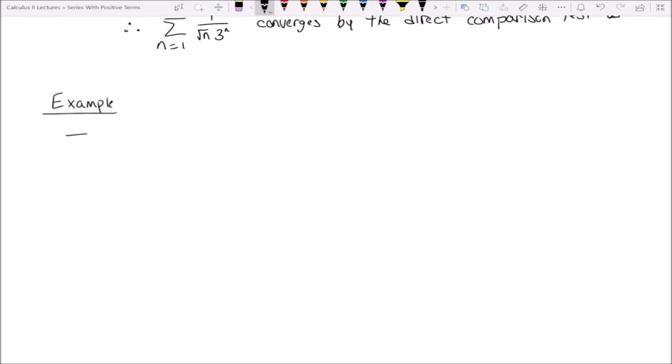Let's now examine the series n equals 2 to infinity, 1 over n squared plus 3 to the 1/3 power.